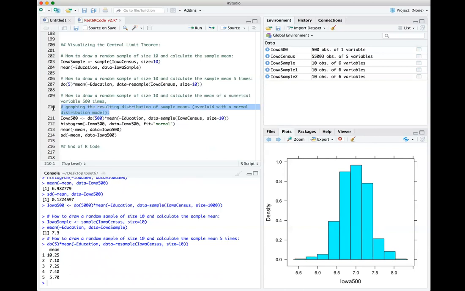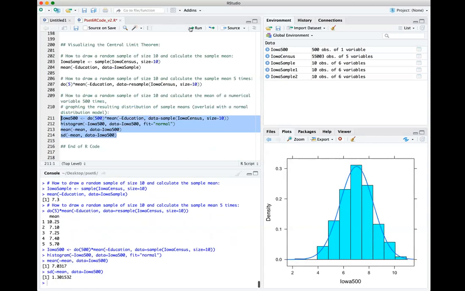And now we're going to overlay what we've just done with a normal distribution model. Remember, the normal distribution model is that bell curve. It is symmetric. It is not drawn from the data. It is hypothetical.